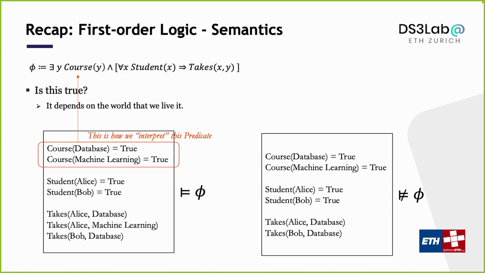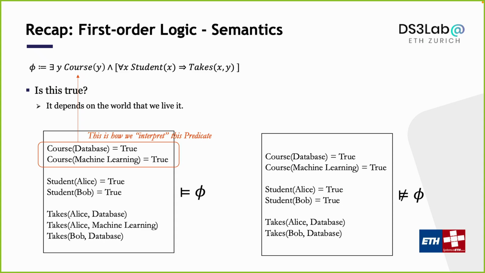The way to think about this is that each world gives you a way to interpret each predicate. Just look at the thing on the left-hand side. For the predicate course, here's how I interpret it: database is a course, machine learning is a course.